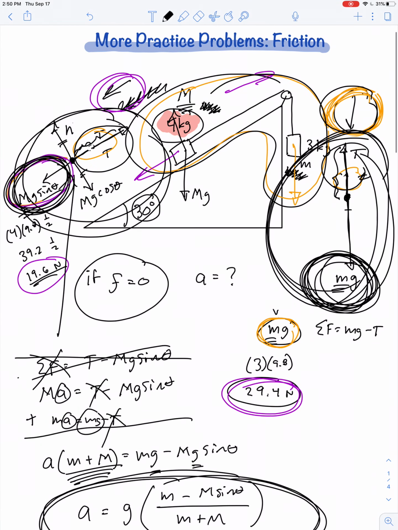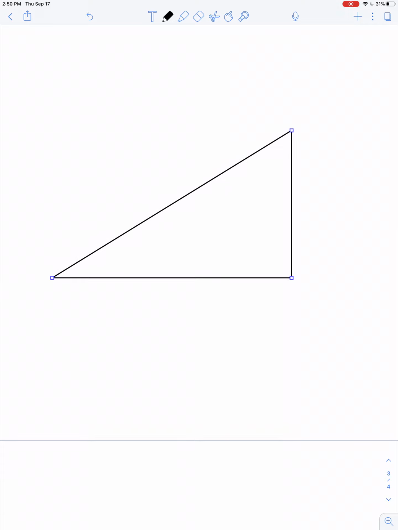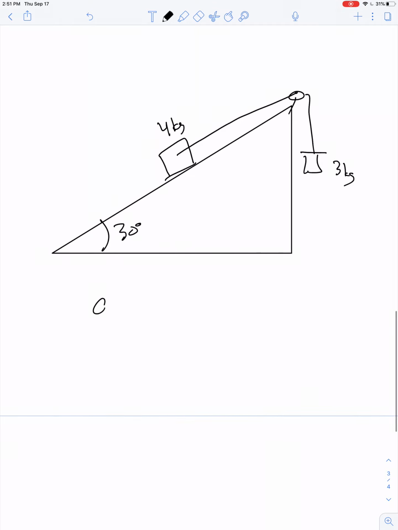I'm going to draw it again so we remember where we were. Four kilograms, 3 kilograms, 30 degrees, and what's the acceleration? So we've derived a equals g times the quantity, we'll call this lowercase m, capital M, so times the quantity lowercase m minus capital M sine theta, over the sum of the masses.